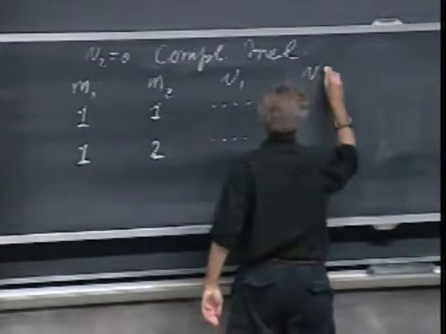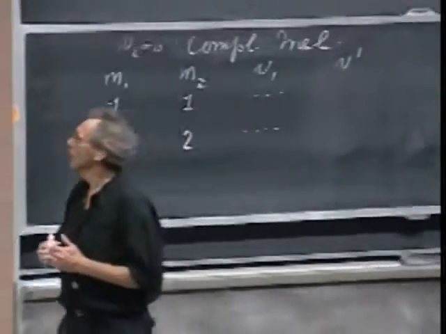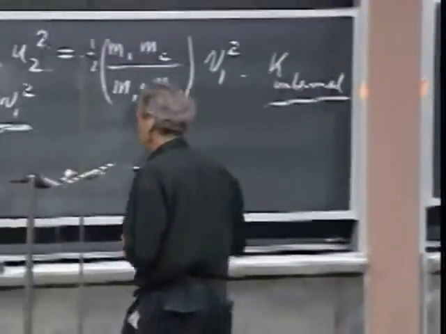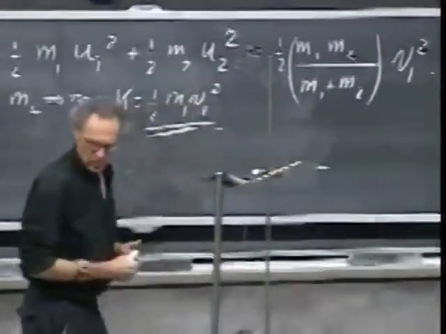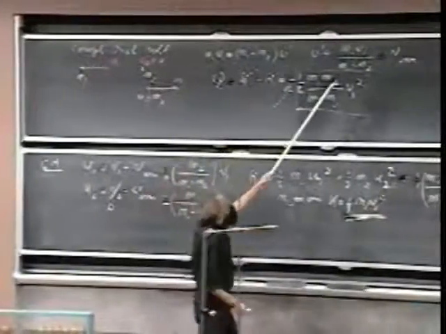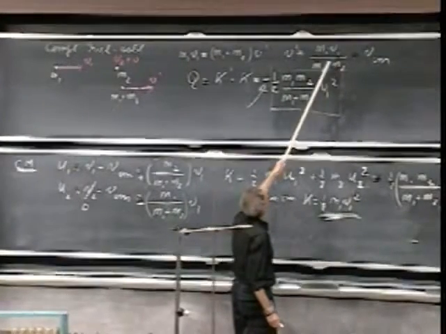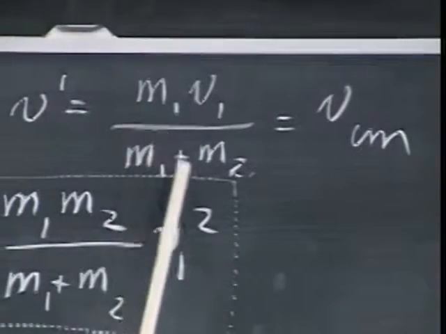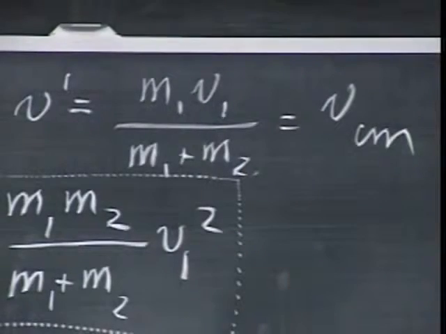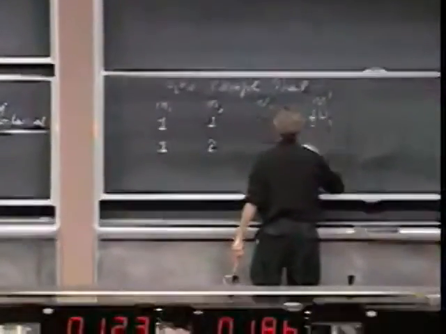It hits the second car and it gets stuck. And I see there what my V prime is. I see there on the blackboard that if the two masses are the same, I have a 1 here, a 1 and a 1 here. If that's the ratio, the outcome is that V prime must be 1/2 V1. So this must be 1/2 V1.